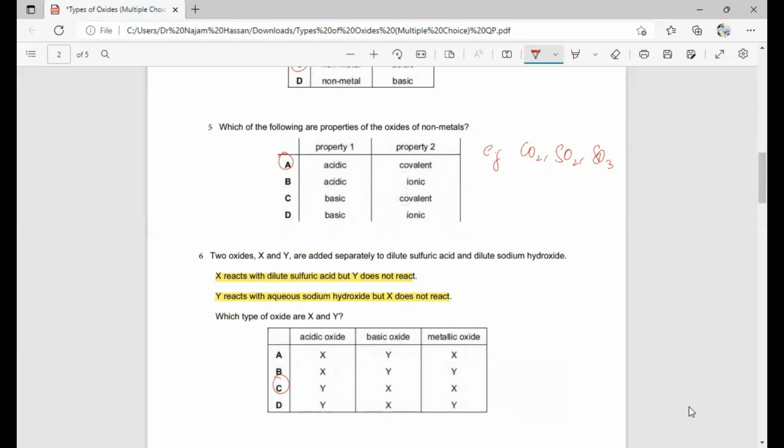And Y reacts with sodium hydroxide, but X does not. That means Y is acidic in nature, right? So which types of oxides are X and Y? Y is acidic, X is basic, and X is the metallic oxide because metallic oxides are basic in nature, having pH greater than 7.